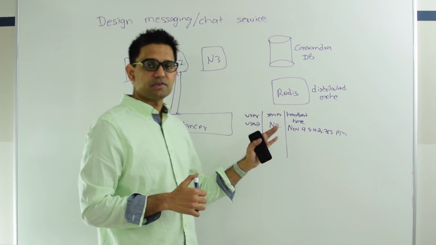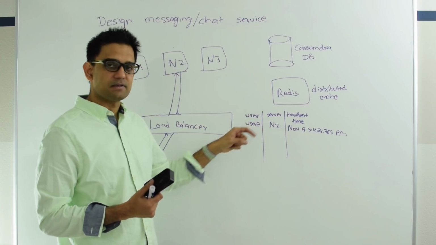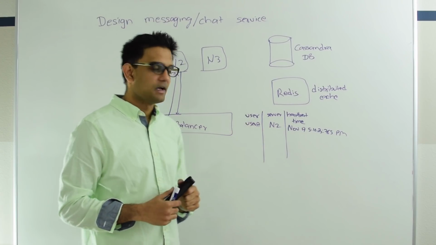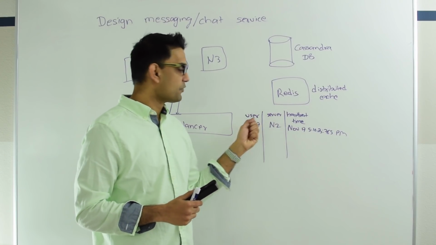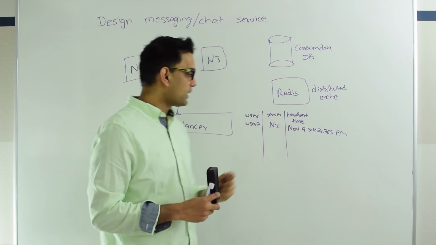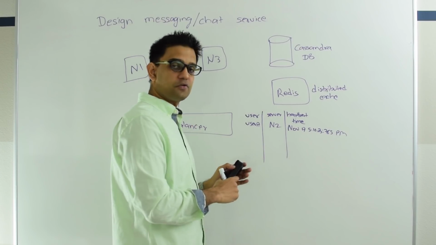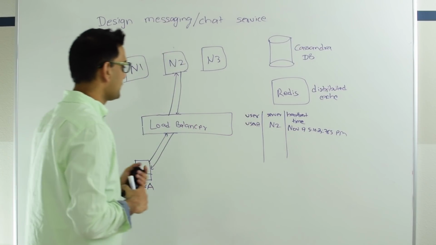By keeping the information in memory, we have multiple advantages. First, when N2 writes here, that write is super fast. And also, if someone else needs to read that information about user A, they can do it very quickly. So that's why we're going to use Redis, which holds all the information in memory.